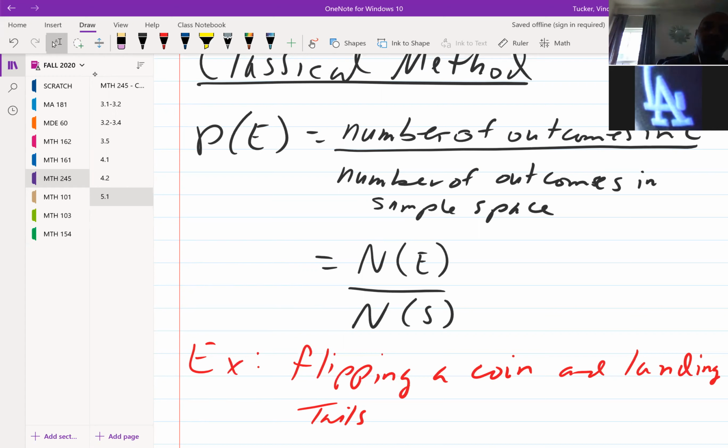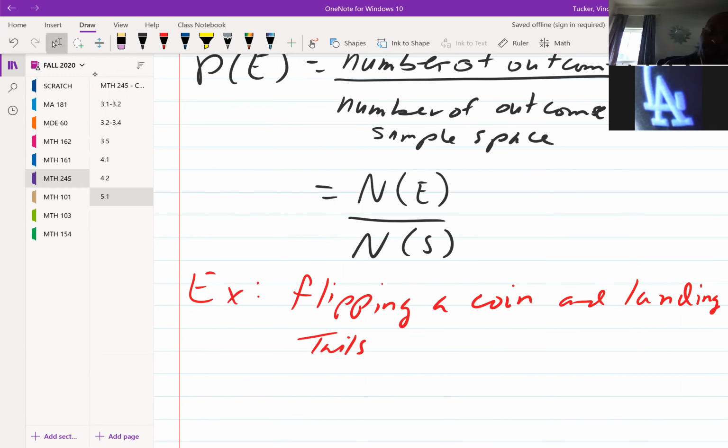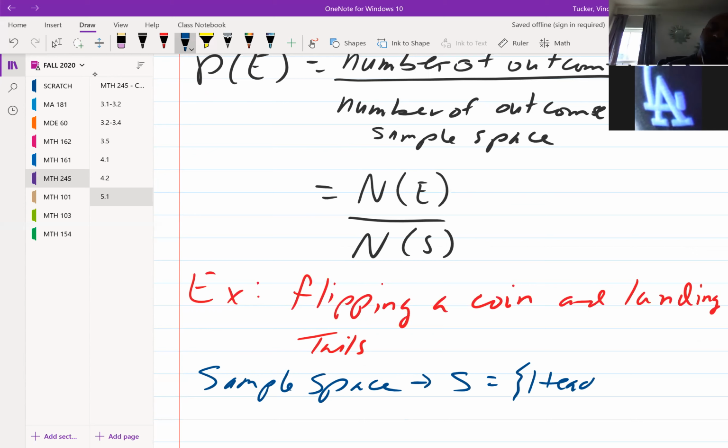So if we go back to flipping our coin, let's say we flip the coin and we want to land tails. The first thing we do is examine how many outcomes are in our sample space. We know that's heads and tails.